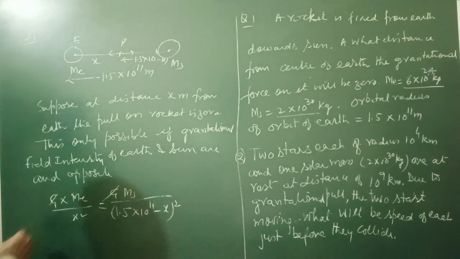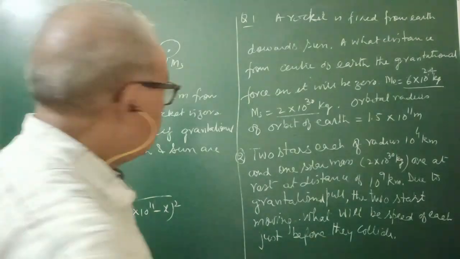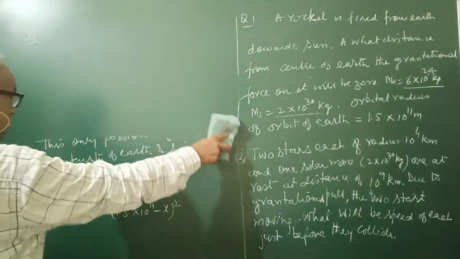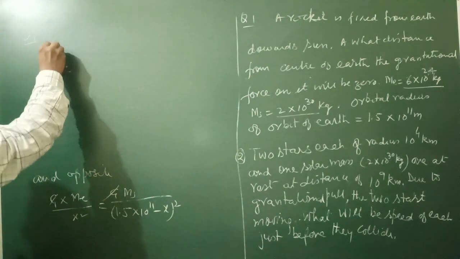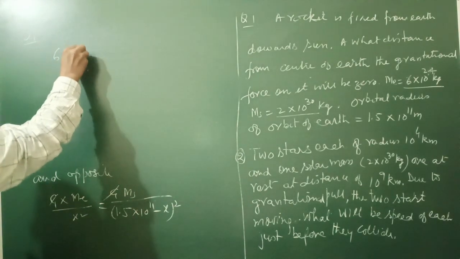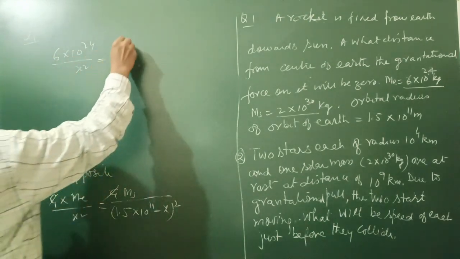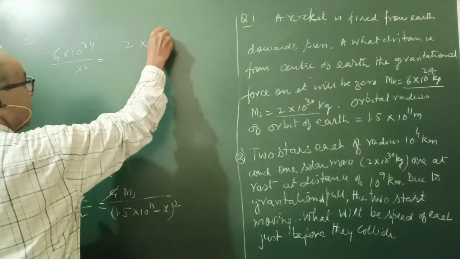G cancels. Now putting the mass of earth and sun here, we get 6 into 10 to the power 24 upon x square equal to 2 into 10 to the power 30.